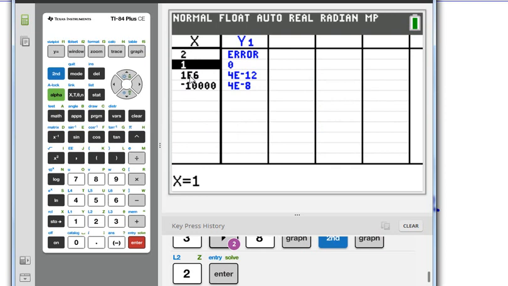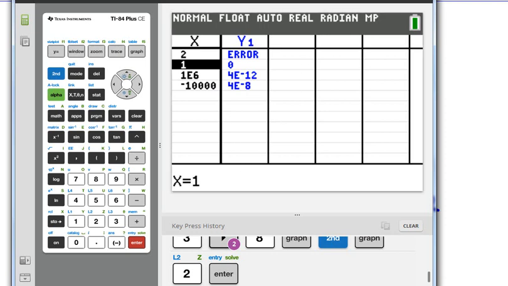And then with 1 million, we get 4e to the negative 12 power. That is 4 trillionths. If we put in negative 10,000, we get 4 times 10 to the negative 8th power, which is 4 over 100 million. So yeah, that checks out.